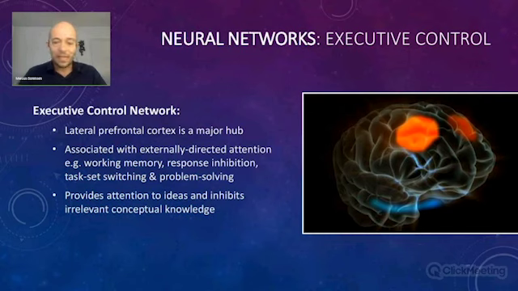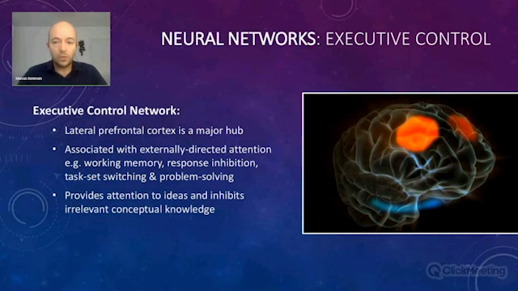So there we have the executive control network, and that's certainly also something that doesn't develop fully until we are in our early 20s, where we can really begin to work fluently with directing our attention, switching between tasks, problem solving, inhibiting emotional responses as well.